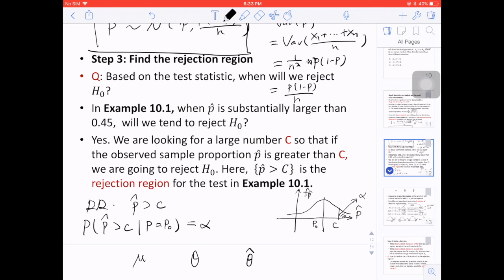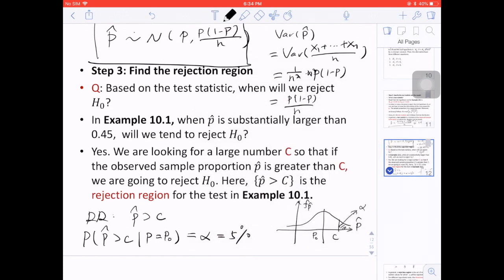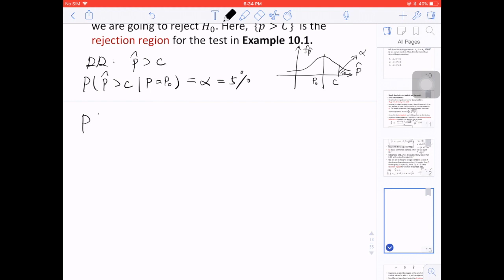Say I set alpha equal to 5%. So it's going to be the probability of p hat larger than c, given that p is equal to 0.45, is equal to 5%.